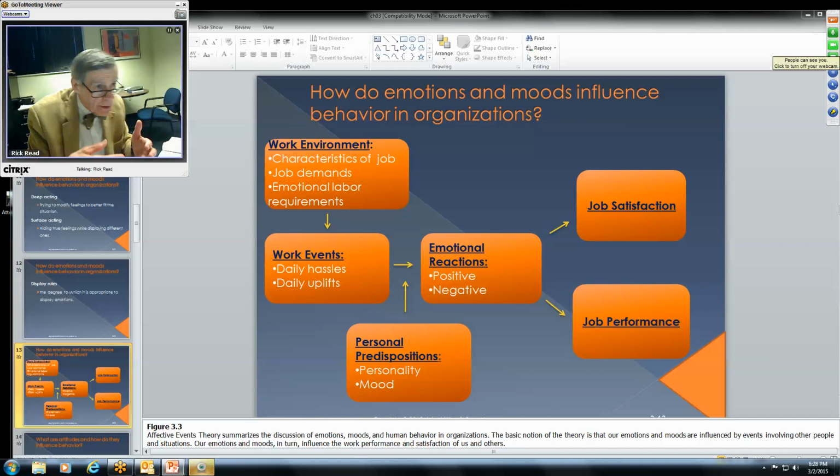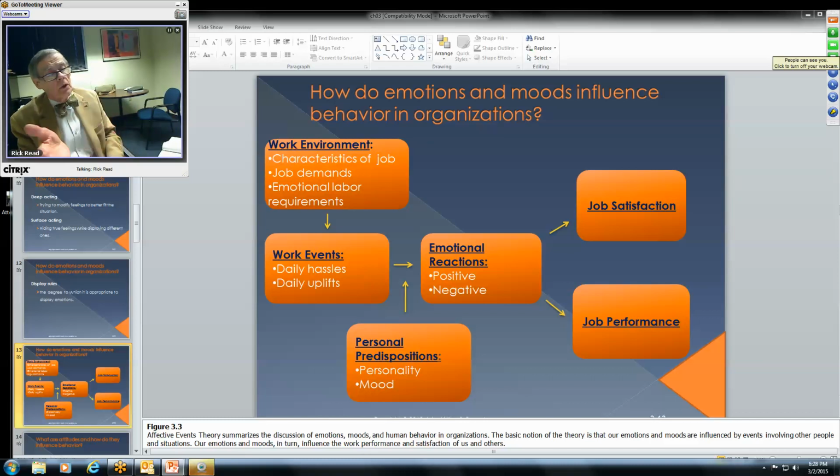We're talking about characteristics of the job, what goes on in a workplace here, talk about work events, daily hassles and daily uplifts. I would not say that those are work events. I would say that those are environmental events that affect what we're doing. Then how we react positively or negatively. Positively, we're going to have good job satisfaction. Also positively, we should have good job performance. And then, of course, how we handle things, what our personality is.